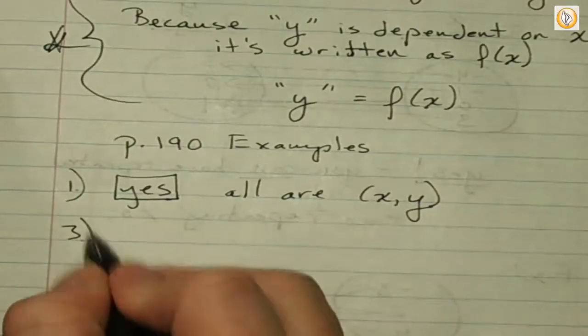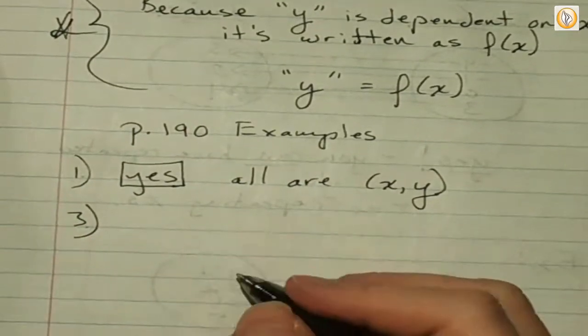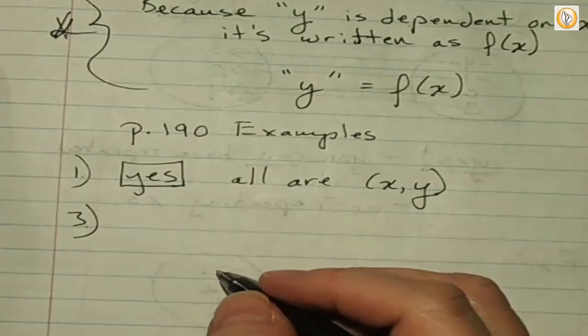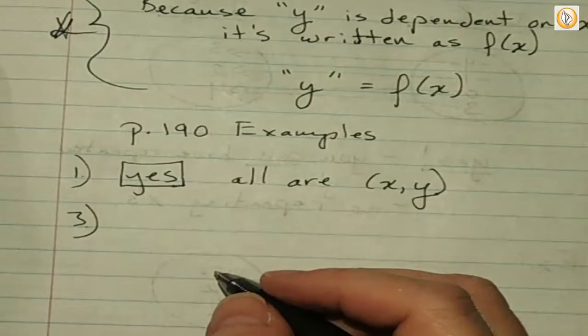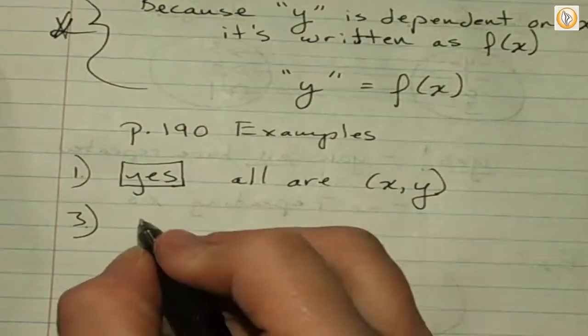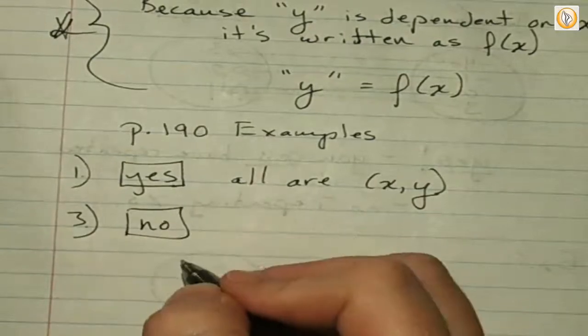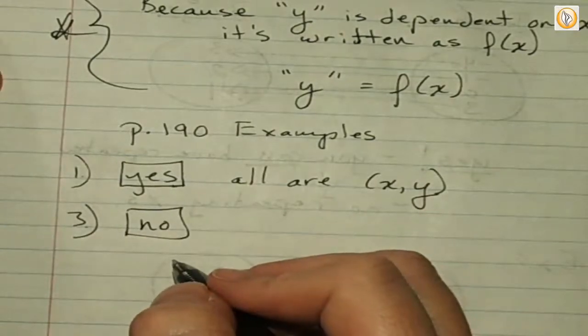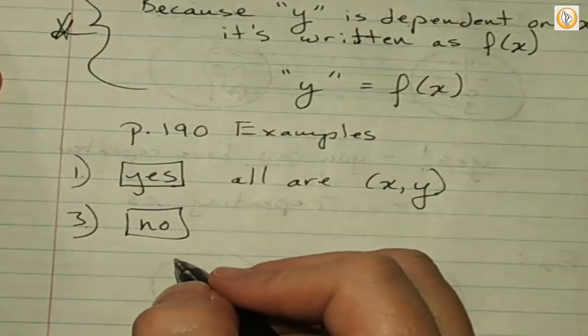Look at number 3, Emily. Why not? There are 3 numbers in there, right?